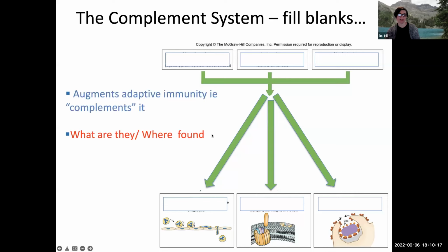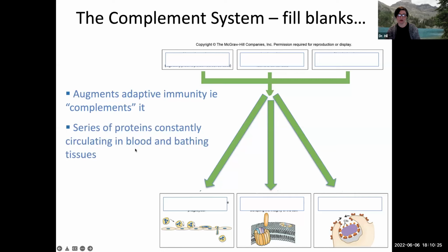Now, the complement system is actually composed of 9 proteins that are dissolved in your bodily fluids. And they're always present, but are they always active, or are they typically inactive? Correct.